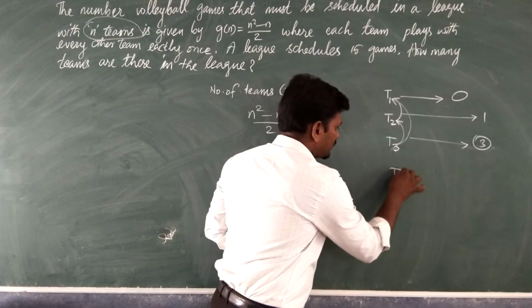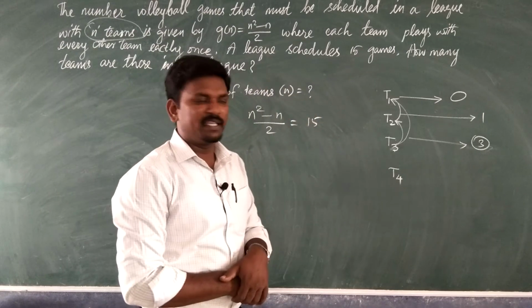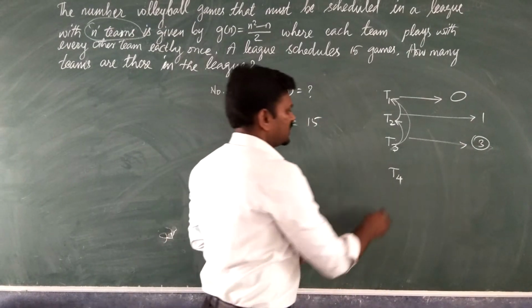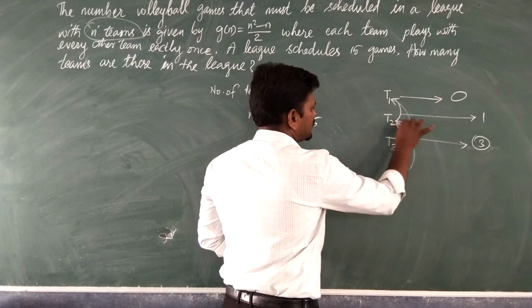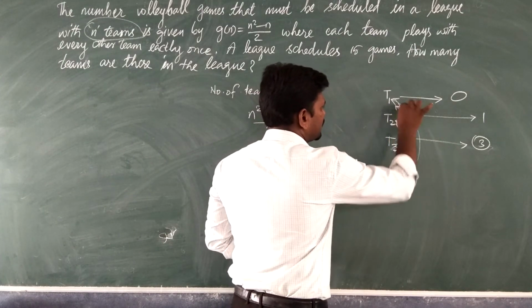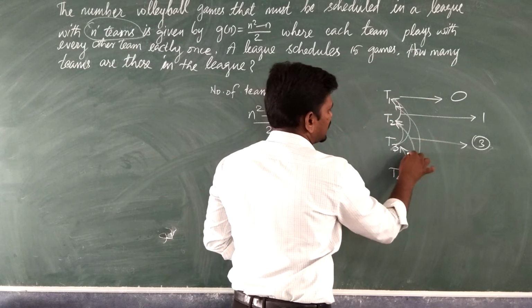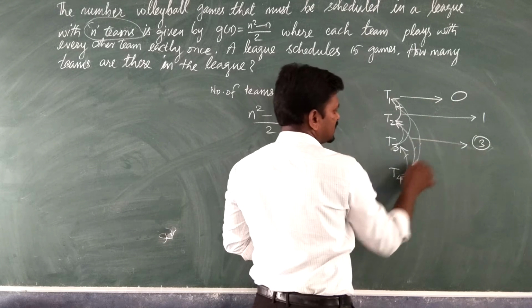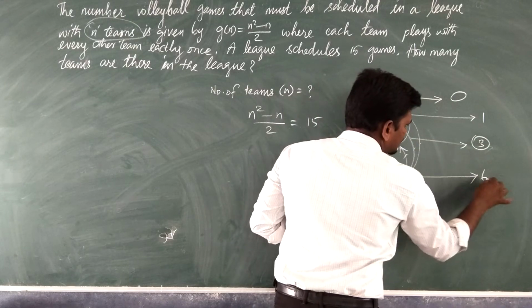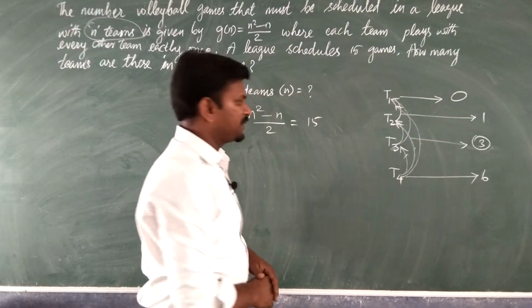If we add one more team, the fourth team, it can play with the third team, second team and the first team, 3 matches. So totally 6 matches they can play.